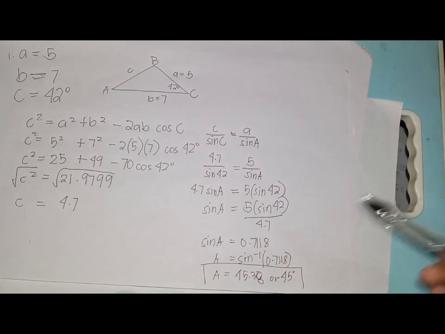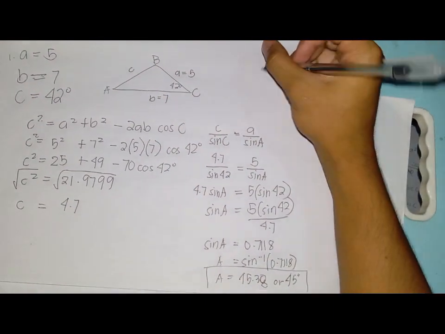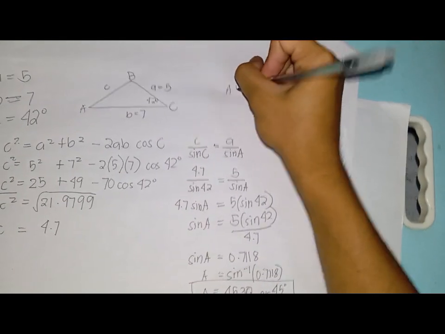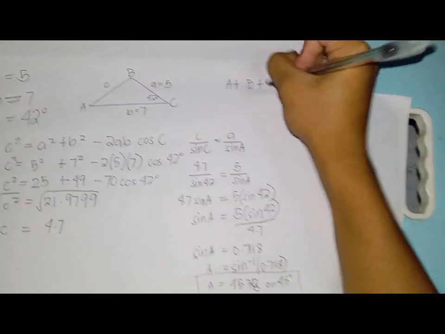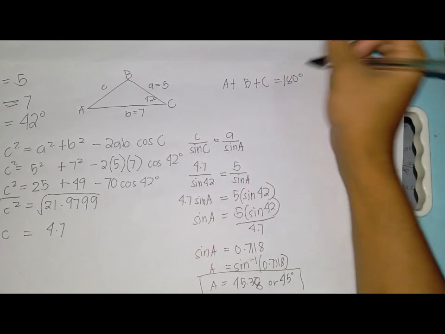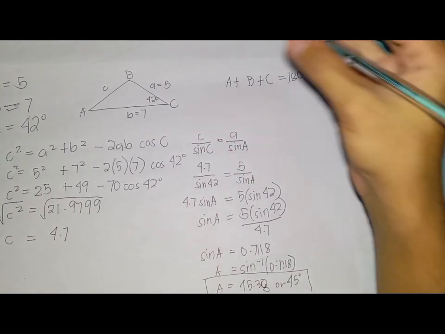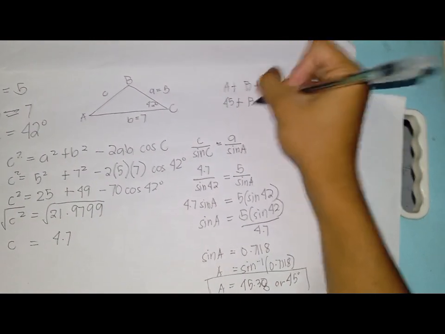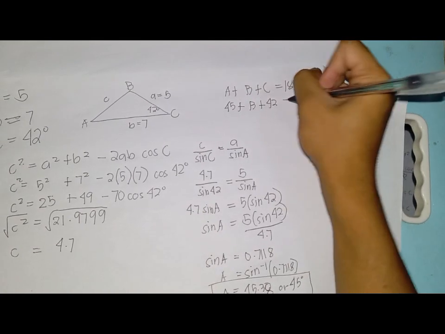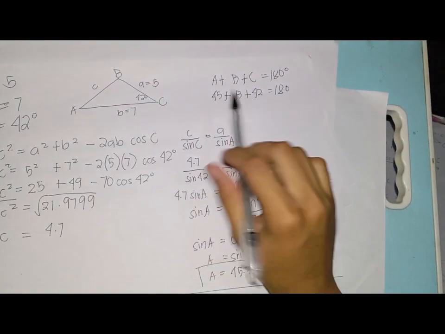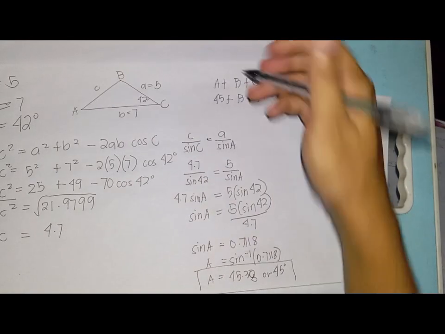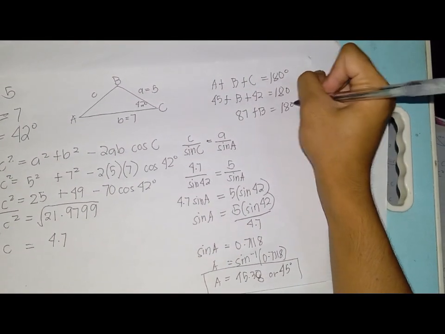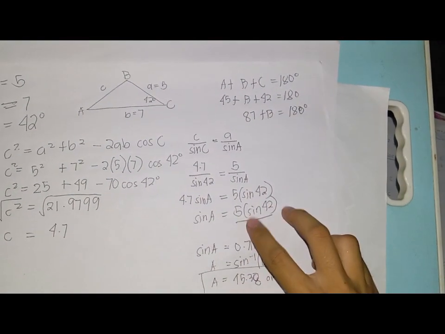So we are going to find now the angle B. To find angle B, you just need A plus B plus C is equal to 180 degrees. So substitute the value. We have 45 plus B plus C, which is 42, is equal to 180. So add 45 plus 42, we have 87 plus B is equal to 180 degrees.